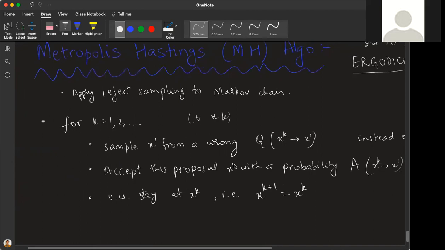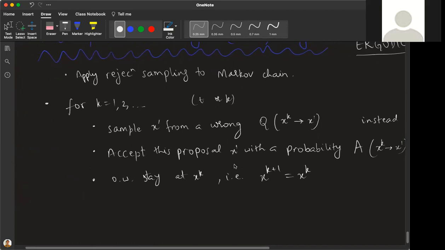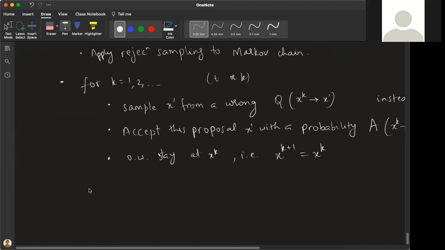So basically, now if you try to see the bigger picture, you are generating a random sample x dash and you are accepting it with some probability. So what is the probability that finally you move from xk to xk plus 1, or basically to x dash? What is the transition probability ultimately, that you move from some x to x dash?